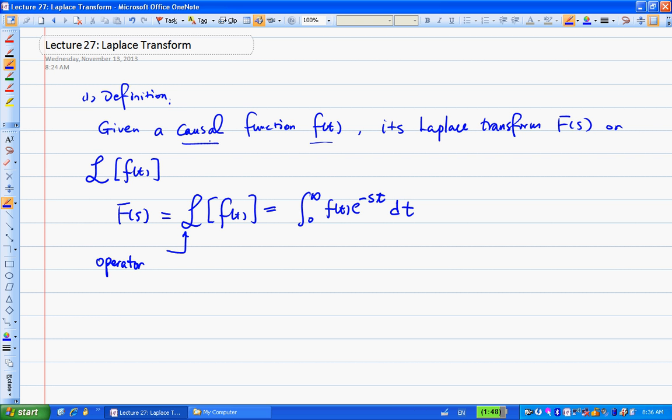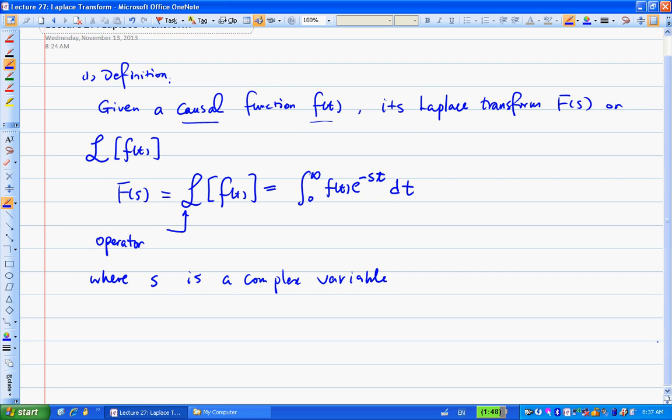So what's this s here? This s is a complex variable. Sometimes we call it the complex frequency variable.